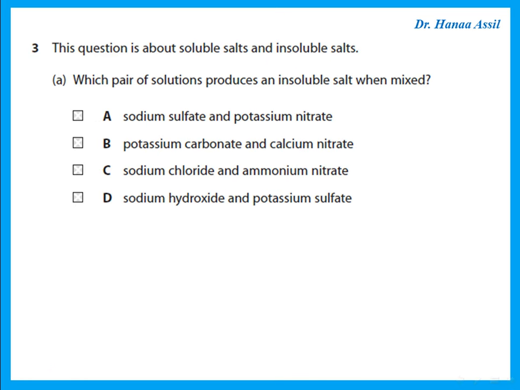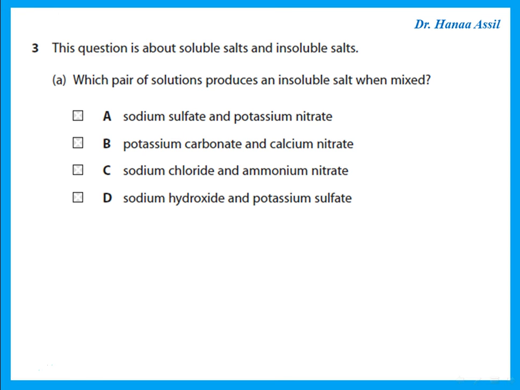This question is about soluble salts and insoluble salts. Which pair of solutions produces an insoluble salt when mixed? You have to remember which compounds are soluble and which ones are not soluble. Remember, sodium salts are all soluble. Potassium salts are all soluble. Nitrates are all soluble.